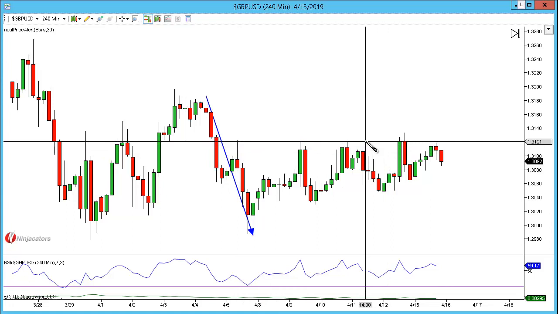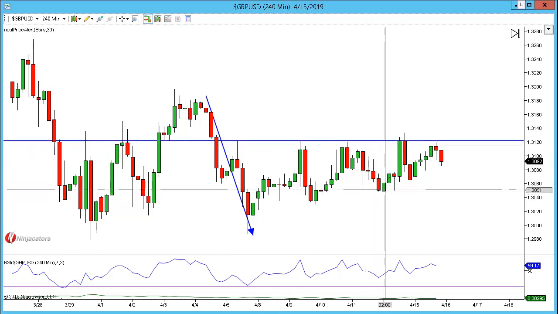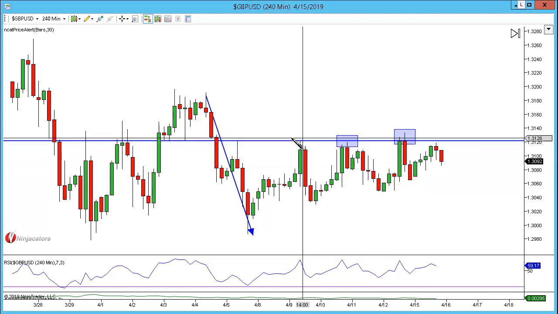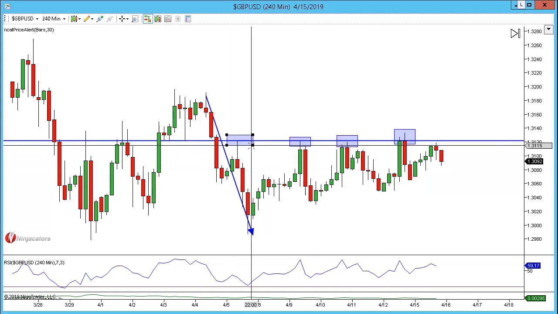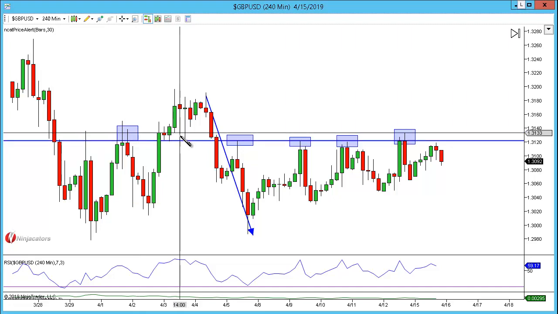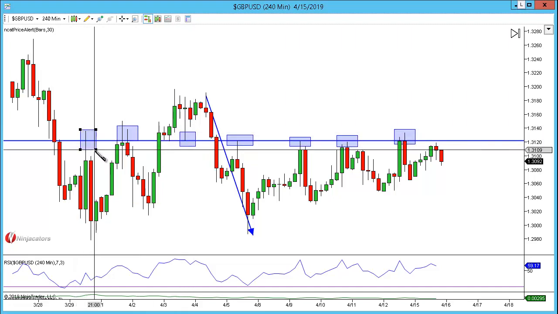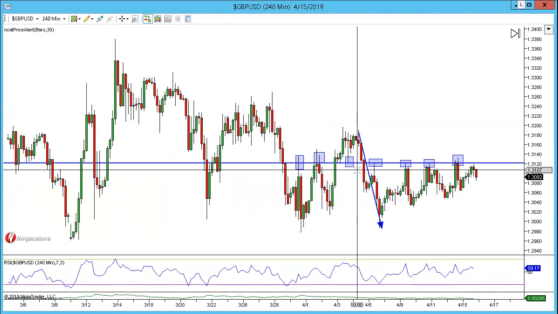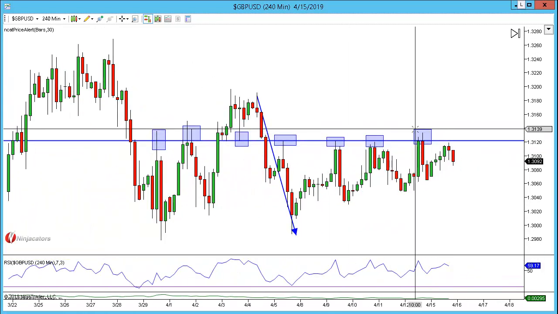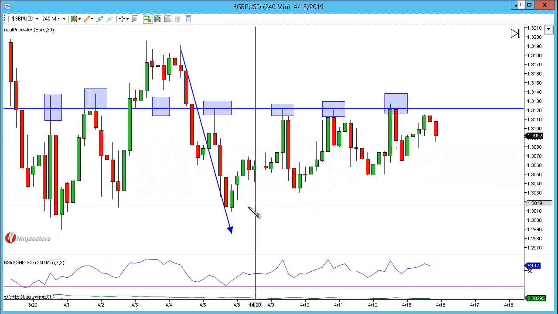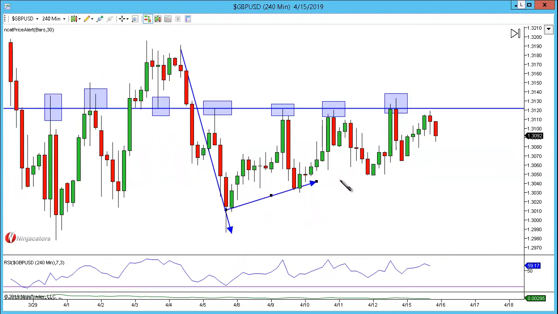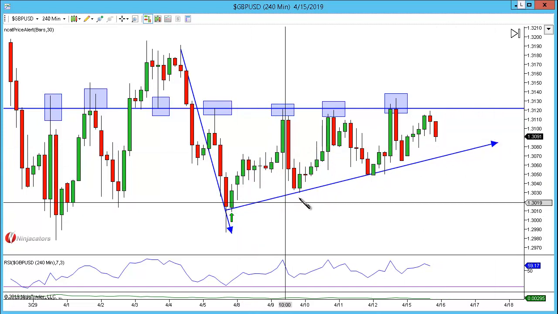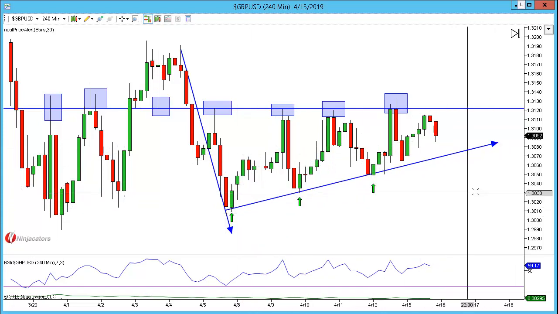In fact, I'm going to put the structure level in like this, being adhered to, and we have 1, 2, 3, 4, 5, 6, 7 levels of structure here that have been adhered to in the past. What we also have then is trend line structure that has been adhered to once, twice, 3 times.